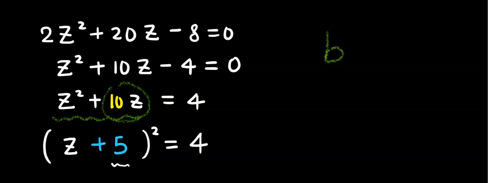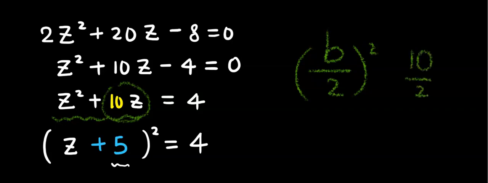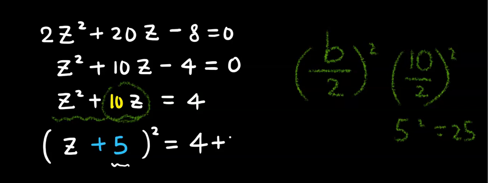Remember, c is (b over 2) squared. So what is b? b is 10, divided by 2, squared. So 5 squared. So that's 25, which means we added 25 to the left-hand side. We've got to do it for the right-hand side. Now we call it, the equation is still true. 4 plus 25, that is 29.